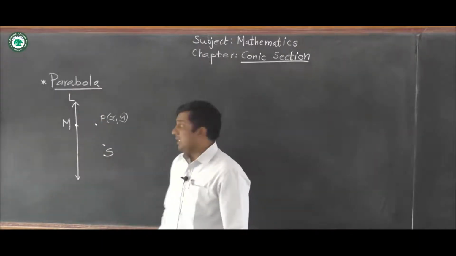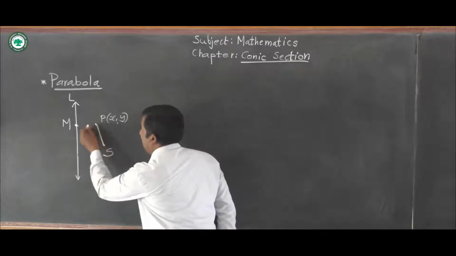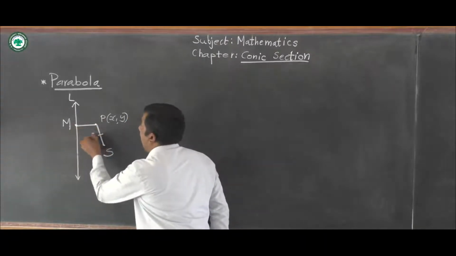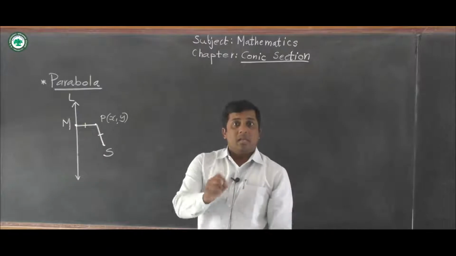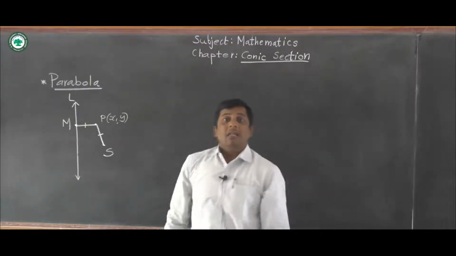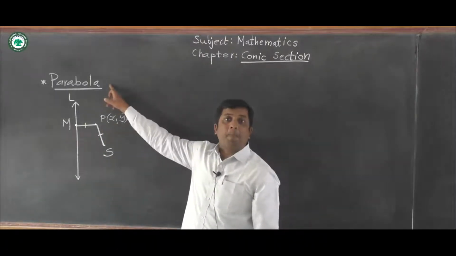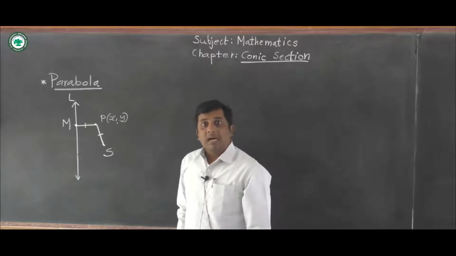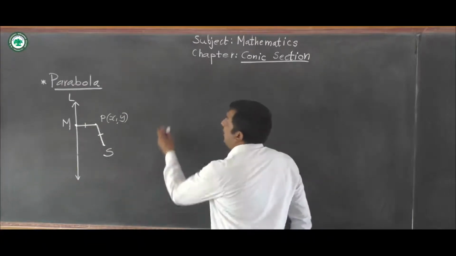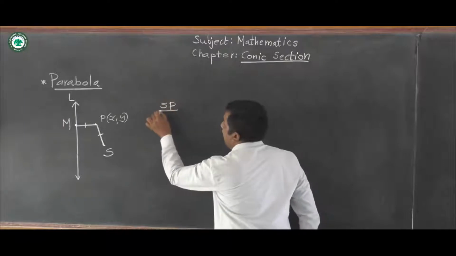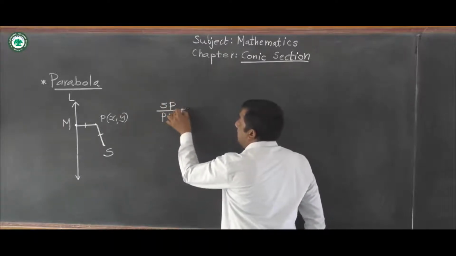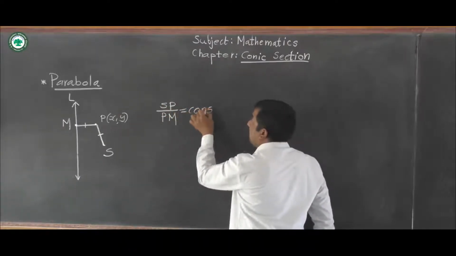If these two distances, SP and PM, are equal, then we define the parabola. Remember here the ratio between SP and PM is always constant.